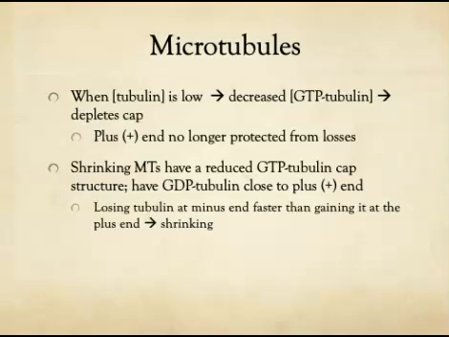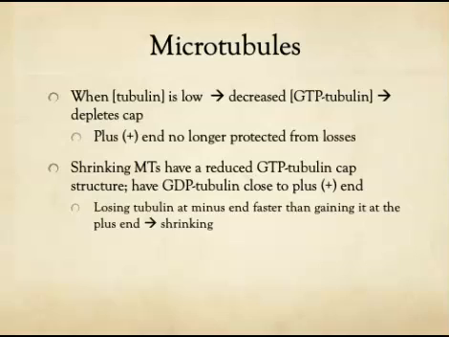And that, by necessity, is going to deplete that cap. Now, the microtubule will lose length when more GDP-bound tubulin is removed than is being added. So there's more being removed at the minus end than is being added at the plus end.